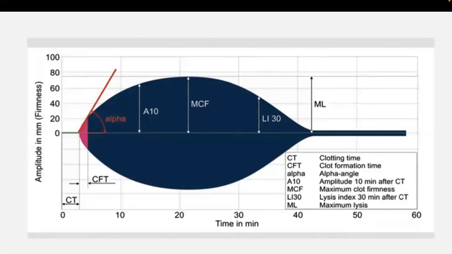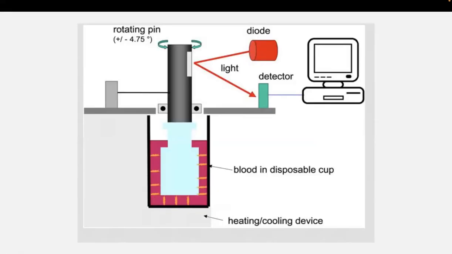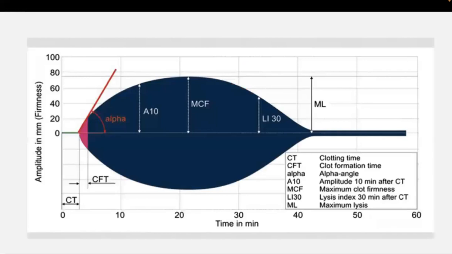The only limitation of the standard ROTEM analysis is the inability to measure platelet adhesion defects, aspirin-like defects that can be seen during primary hemostasis. The different parameters of the ROTEM are actually similar to your TEG, but they are named differently. Instead of your R time, you get your clotting time in a ROTEM.